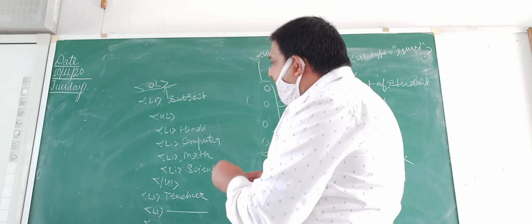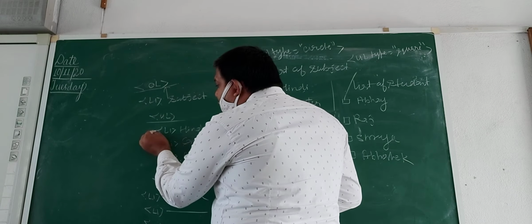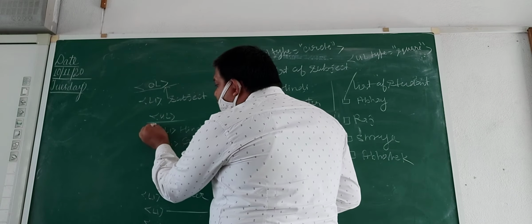Then again I have opened the UL here. So this LI will follow this UL, not this OL. Is it clear? Which one is nearest? UL. So this LI will follow this UL.